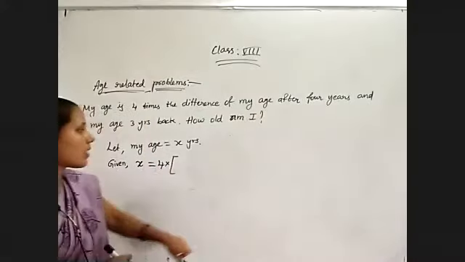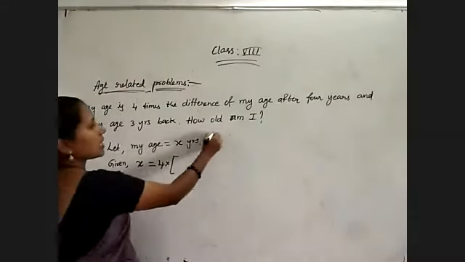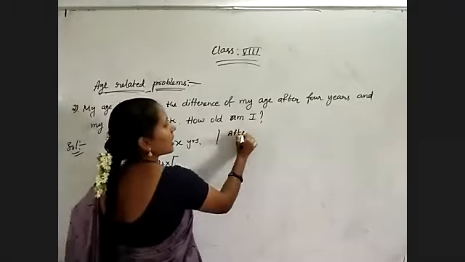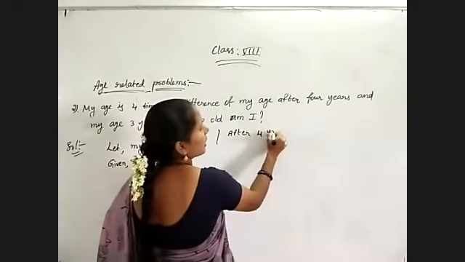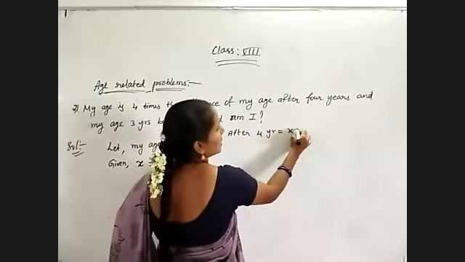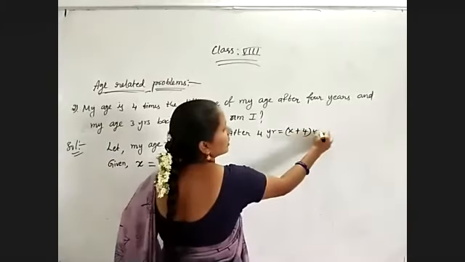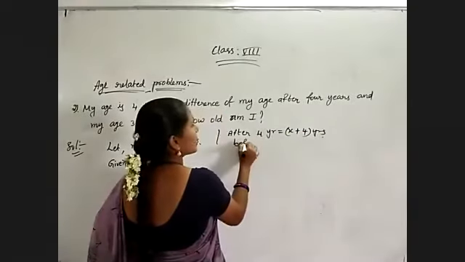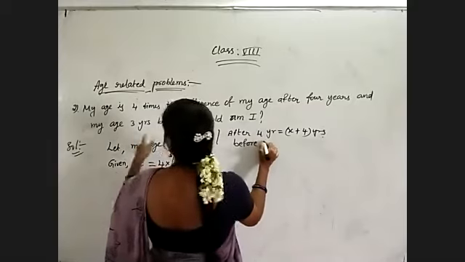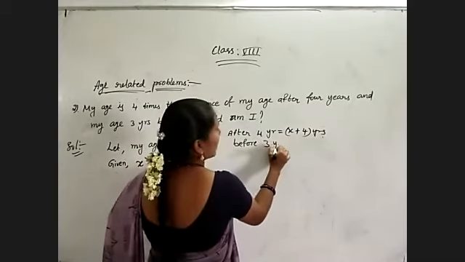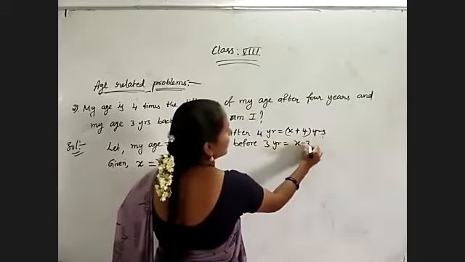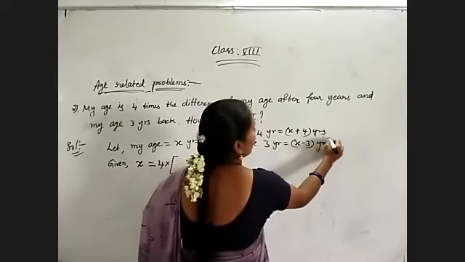After 4 years what will it be? So after 4 years my age will be X plus 4, and 3 years back will be equal to X minus 3 years, and the difference we want now.